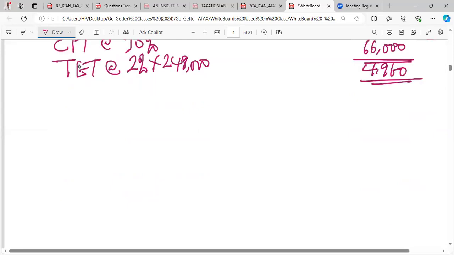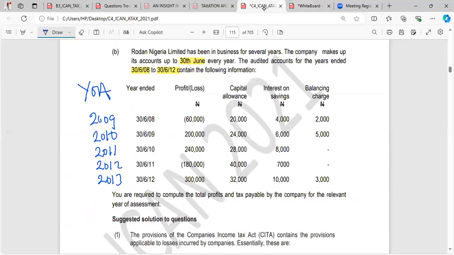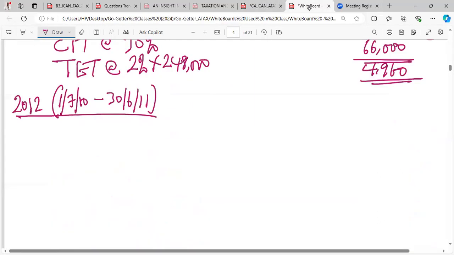Let's do for 2012. So that will be for July 1, 2010 to 30th June 2011. What were we given? Loss of 180,000.